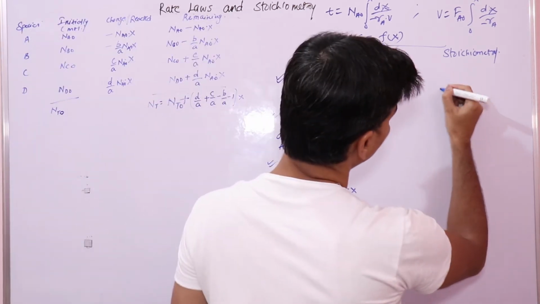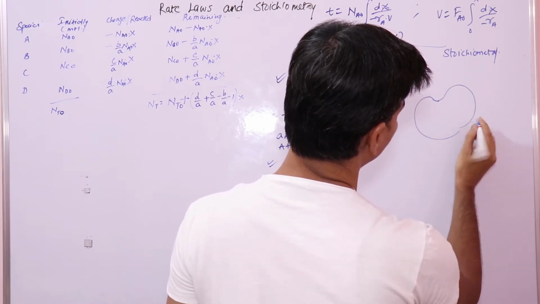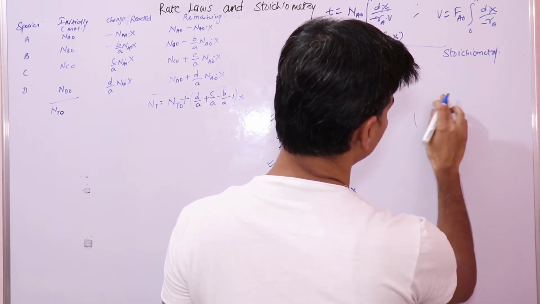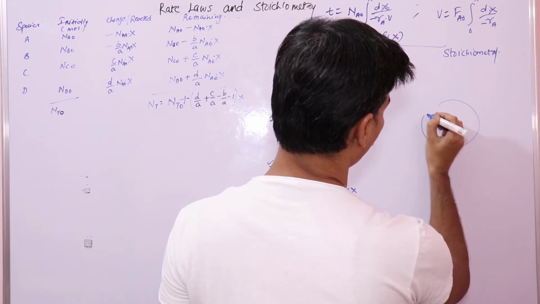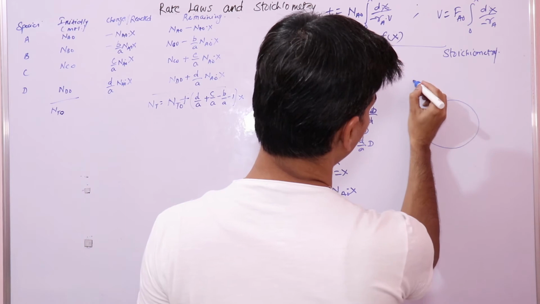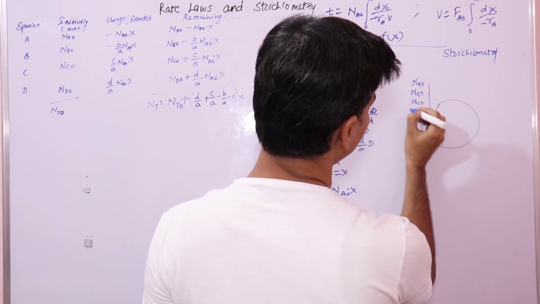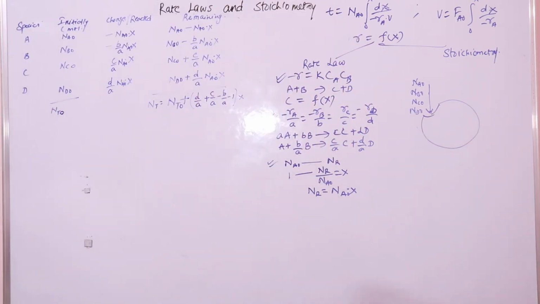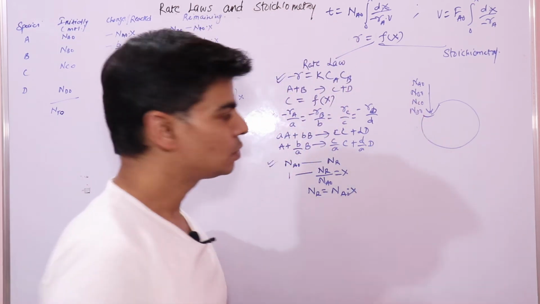So suppose now this is your reactor, and in this reactor you have fed initially Na0, Nb0, Nc0, Nd0 moles of A, B, C and D. This is the initial number of moles that you have fed.